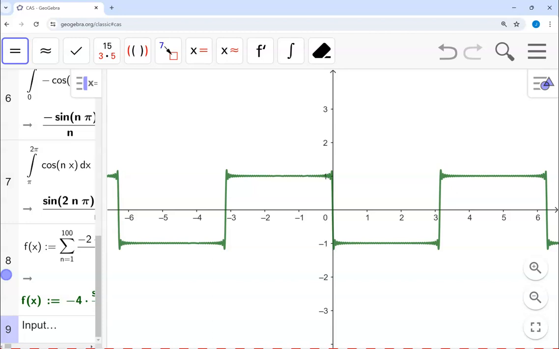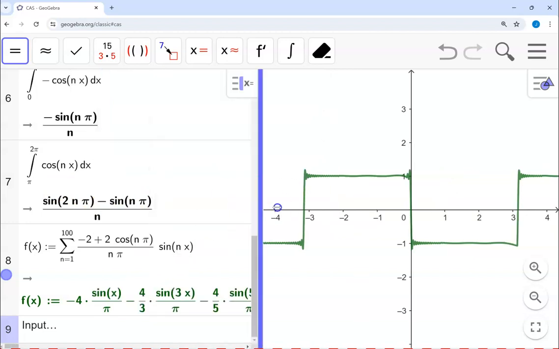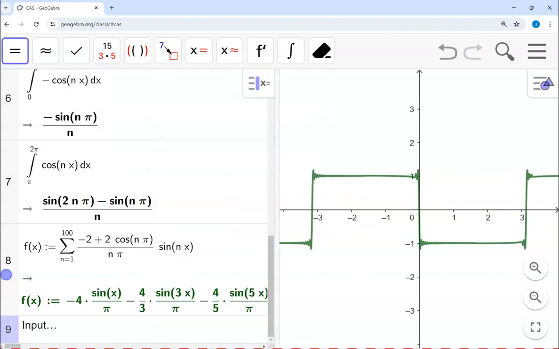All right, so let's see if we can do another example. Let's see if we can create the Fourier series, but let's shift our interval instead of going from 0 to pi.